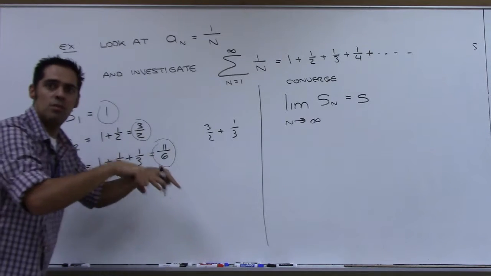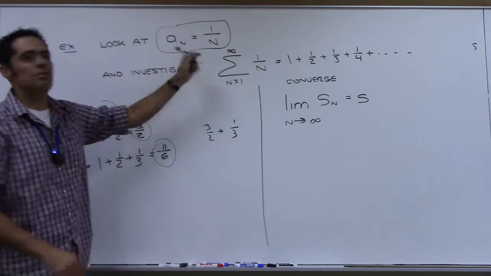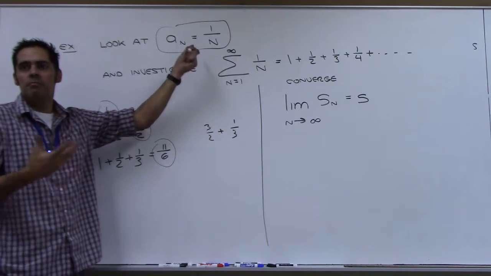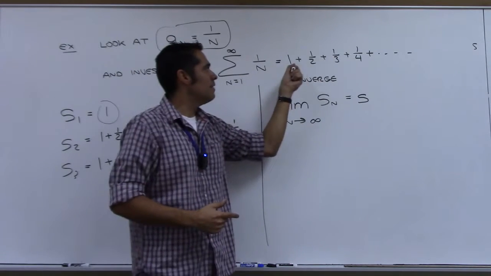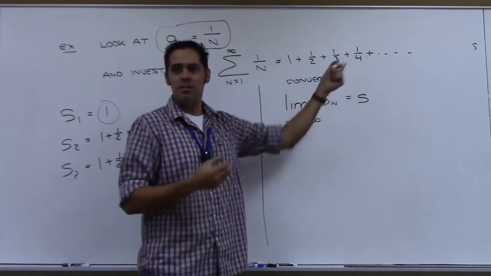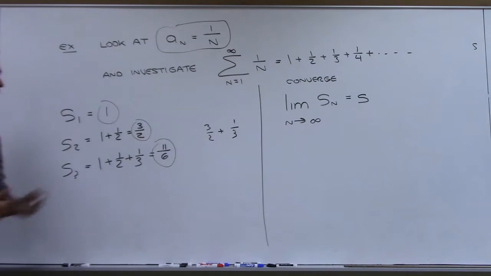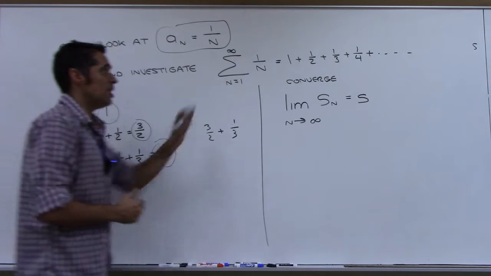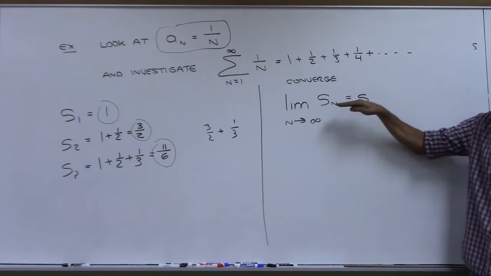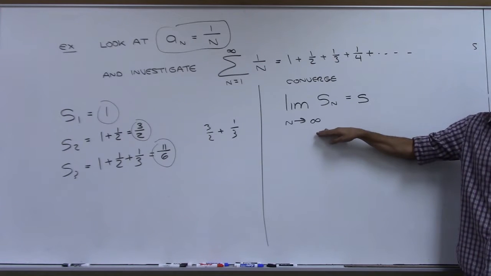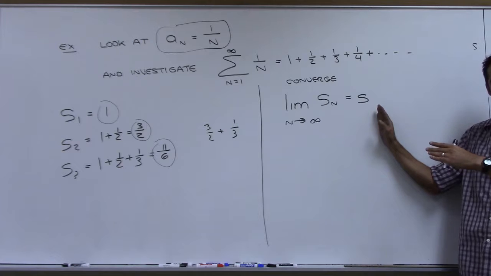Is that headed towards a number? It's easy to check that a sequence like 1 over n is headed towards a number, just let n go to infinity. We're done. But it's very difficult to determine if this is headed to a number. Understand the difference between the two? So for us to ever be able to check to see if a series converges, we have to make sure that the nth partial sums, which is a sequence, converges. Understand or not?